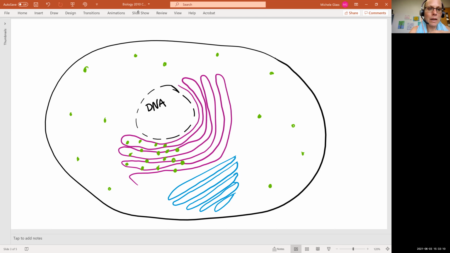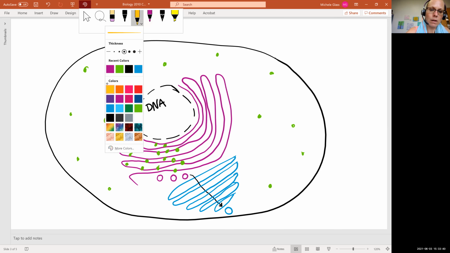And what we can actually see happening here is you might make a protein, modify it, package it at the ER, ship it over to the Golgi, and then it's going to travel through the layers of the Golgi until you package it up and prepare to ship it out, right?